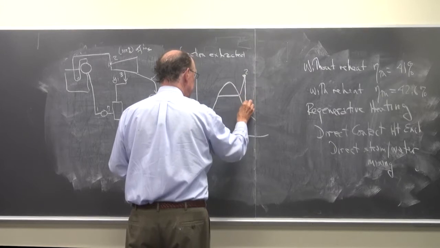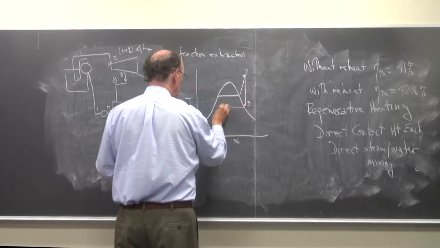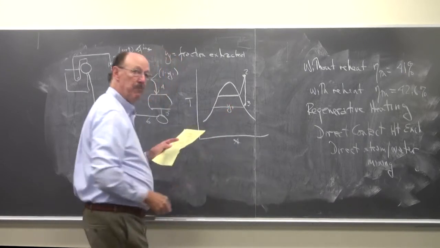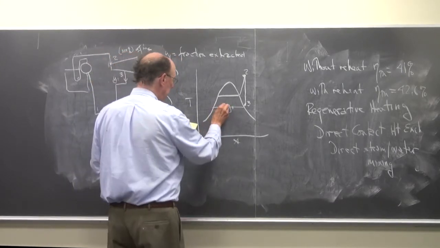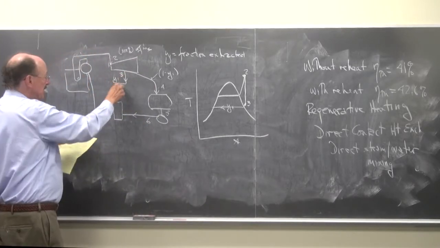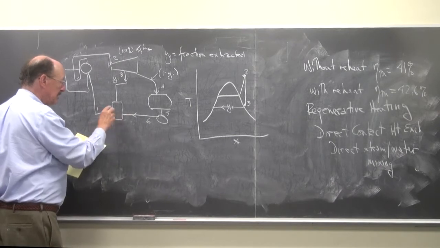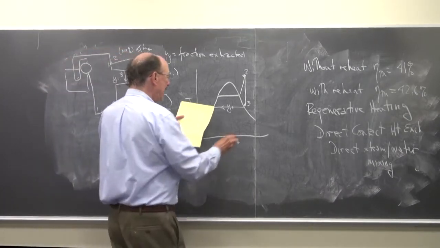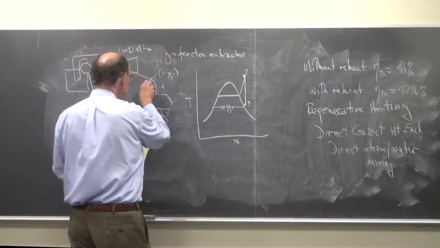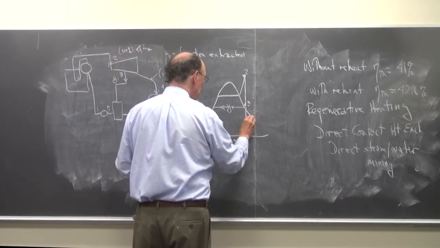state 2 expands to state 3. We have Y1 is condensed. So what's happening is the steam is condensed. The steam comes in here and mixes with the water, and we'll see what the assumptions are about this. The rest over here at state 3 keeps expanding. 1 minus Y1 expands to state 4.